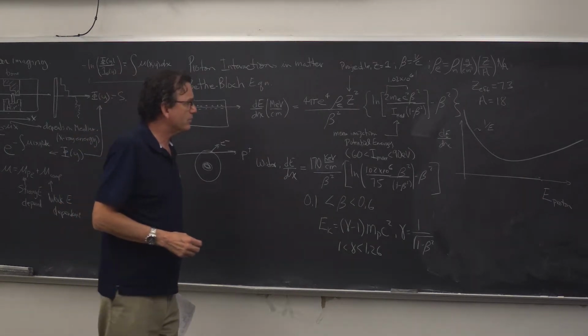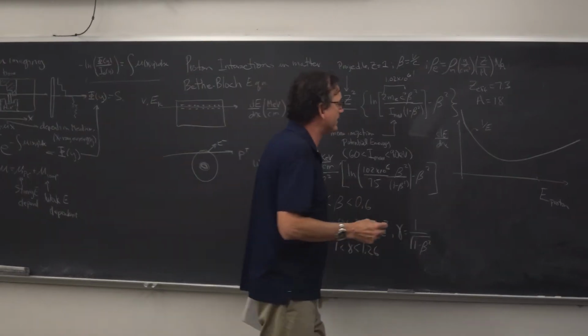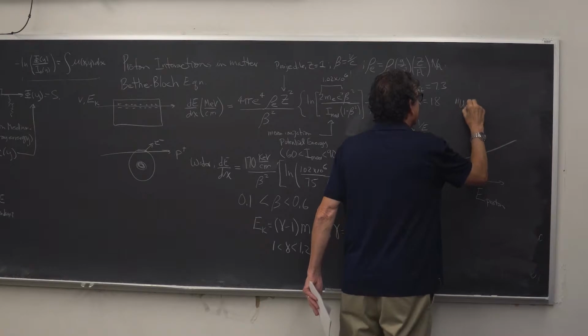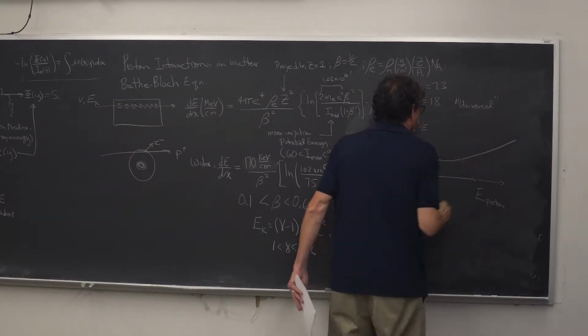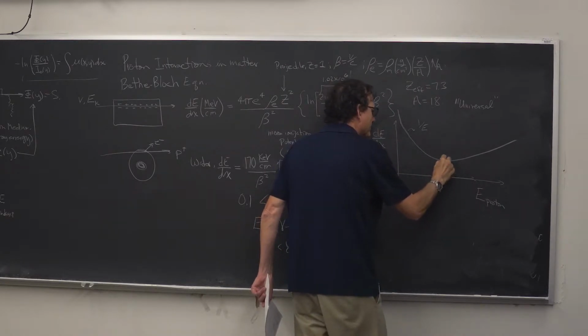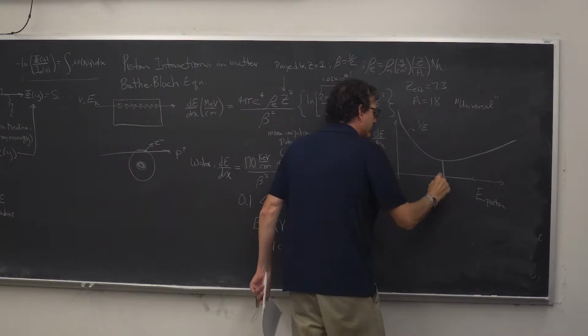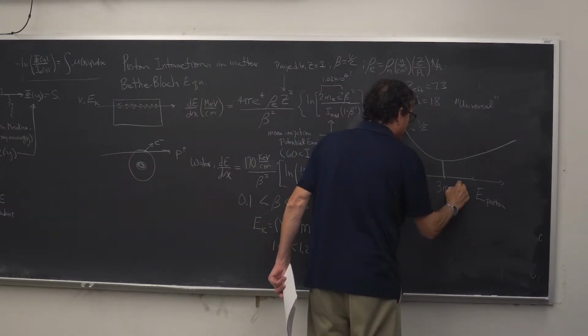Okay. So the interesting part about this is that this is almost like a universal curve, and by universal we can say that regardless of the species of particles involved here, this minimum occurs at roughly 3 times m naught c squared.